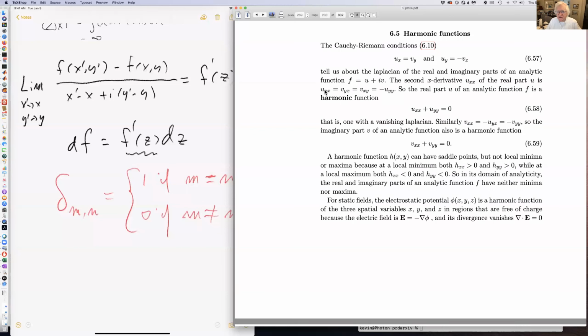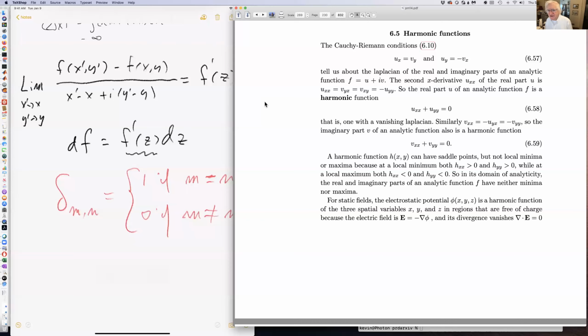So that tells us that u_xx plus u_yy is 0. Well, that's saying that the Laplacian of the real part of an analytic function vanishes.